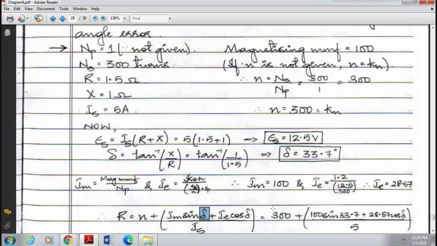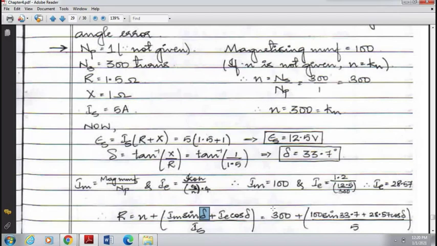Is the problem understood? Please look into the things what you have to find out. What are the unknown things here in this equation, and then find out those values. We have to find R, because we want ratio. Final ratio error has to be calculated. Ratio error is given by Kn minus R by R. In that, R only is unknown.